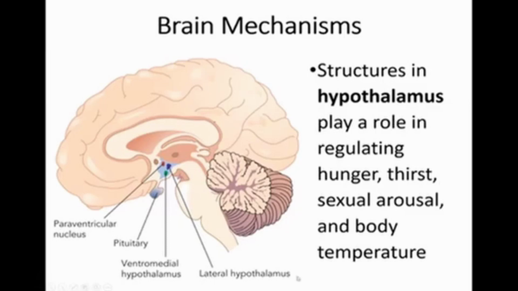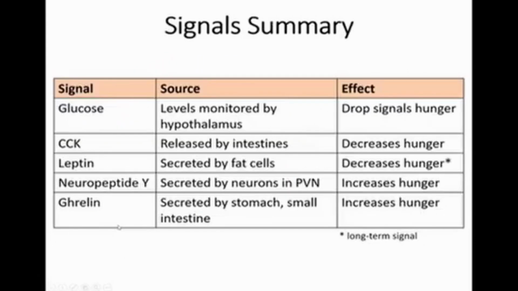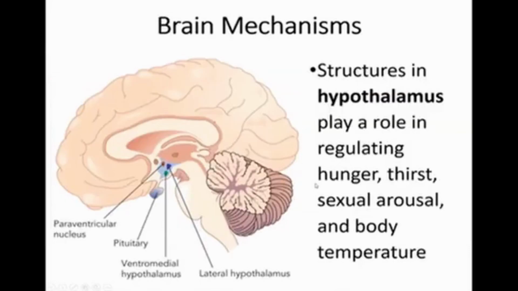And so we have our lateral hypothalamus towards the back. We have the ventromedial hypothalamus towards the bottom here, and this paraventricular nucleus, which will be shortened to PVN, which is what we just saw here as our secretion source of neuropeptide Y. And we'll talk about that on the next slide.